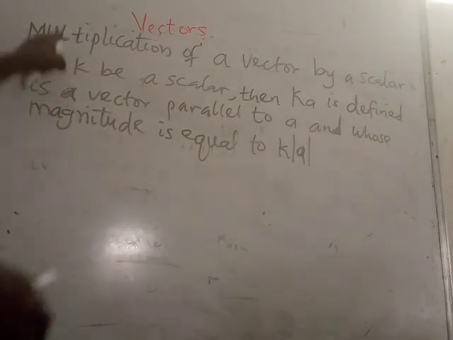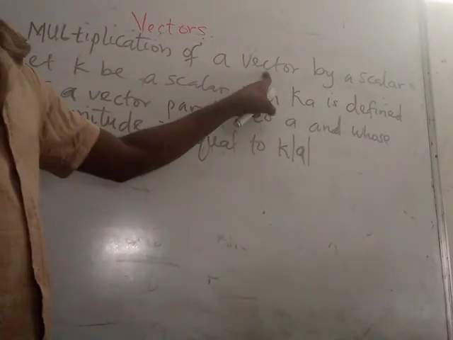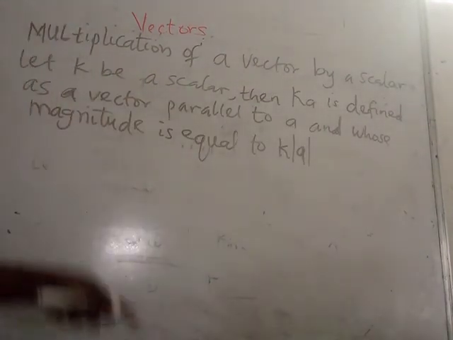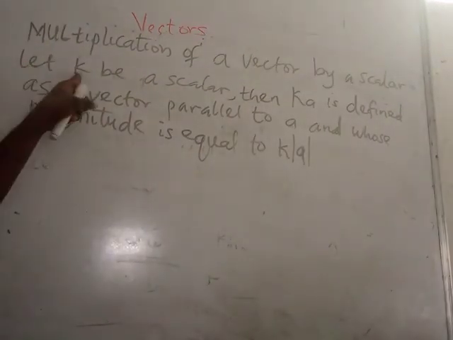So next is multiplication of a vector by a scalar. Let K be a scalar.